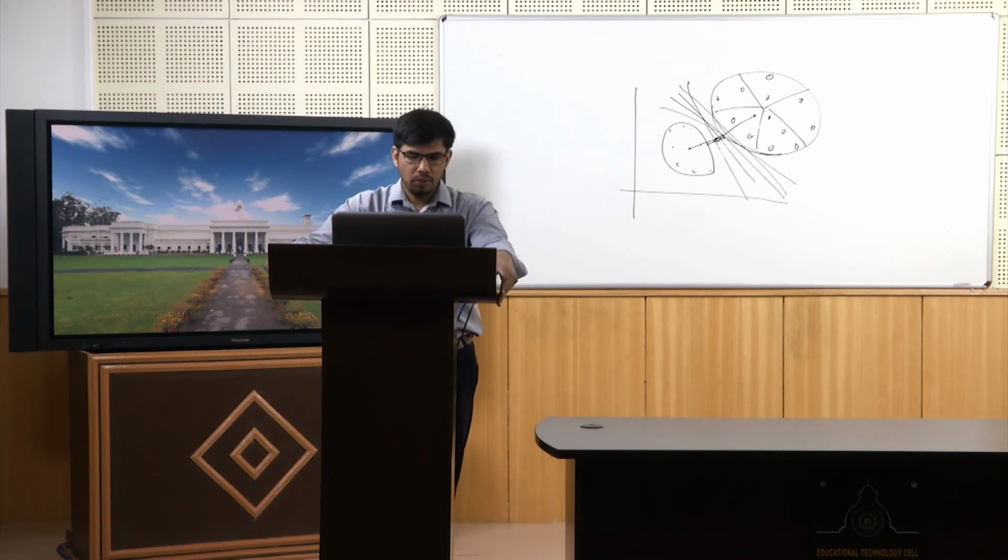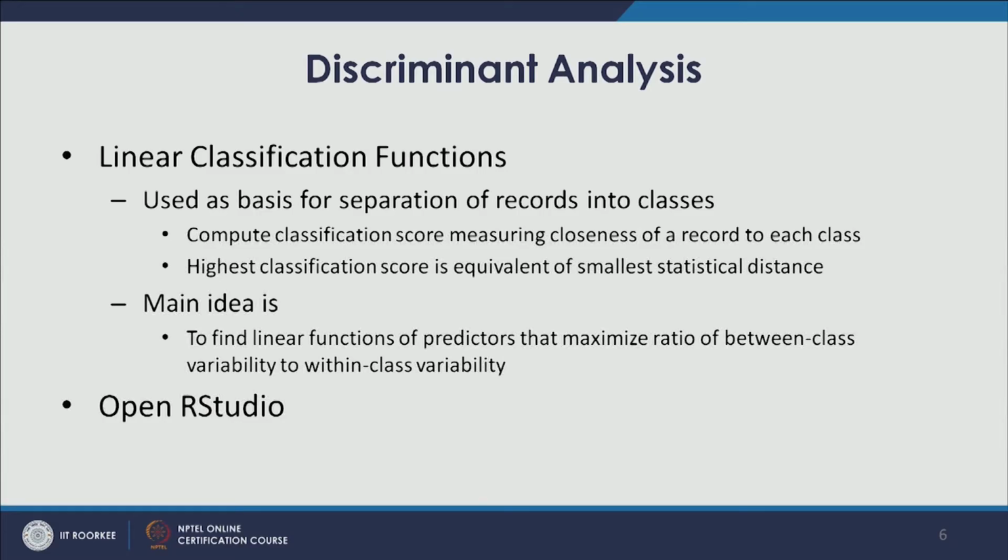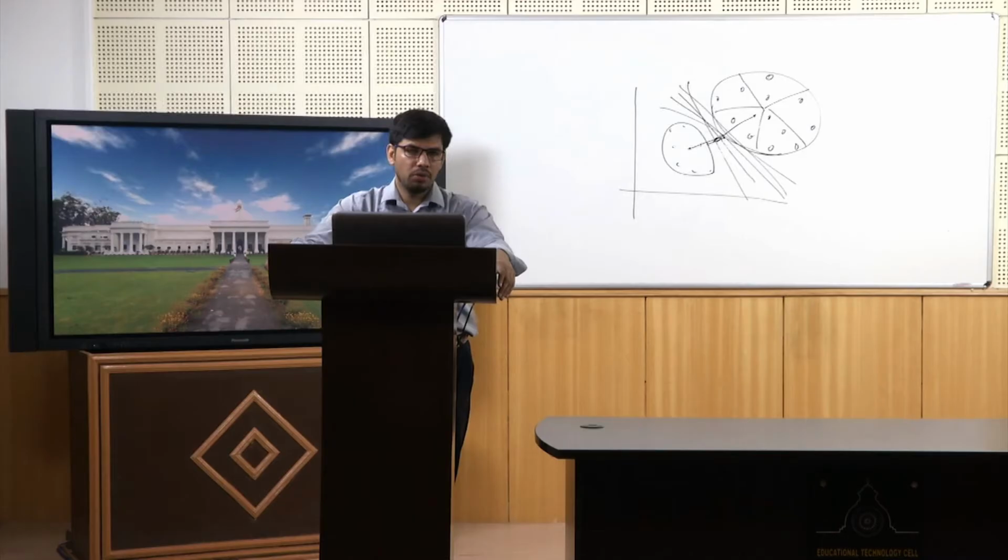To understand what these functions do, the main idea behind them is to find linear functions of predictors that maximize the ratio of between class variability to within class variability. When I said that linear classification functions bring discriminant analysis closer to multiple linear regression, you can see that here also we are looking for linear functions of predictors.